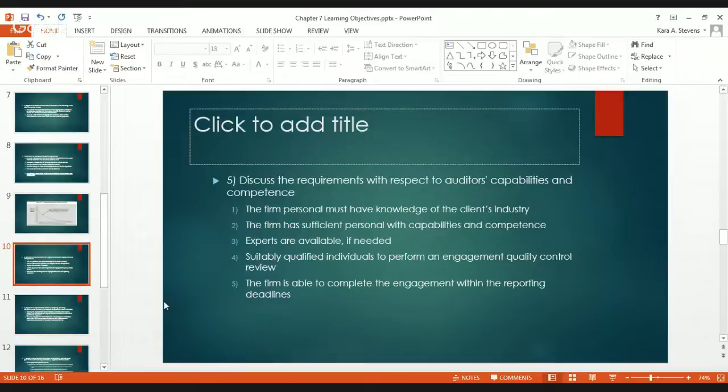If you look at learning objective number 5, discuss the requirements with respect to auditors' capabilities and competence. Obviously, the auditor needs to be capable and competent. The firm must have knowledge of the client's industry. So when you're taking on a new company, the firm can't just take on any old company that they want, especially with the different industries that are in place.